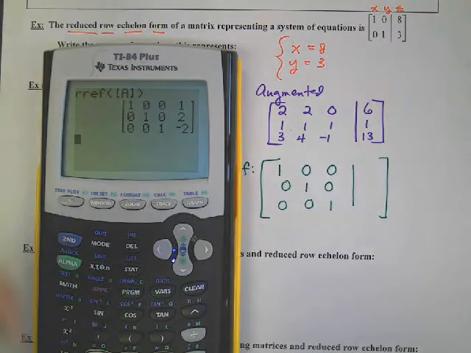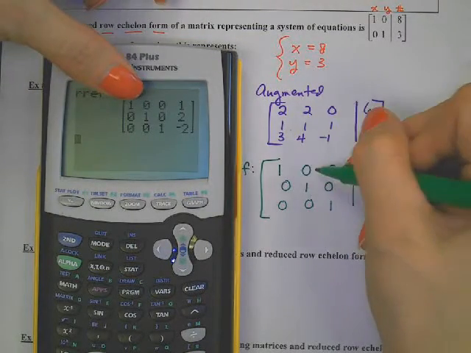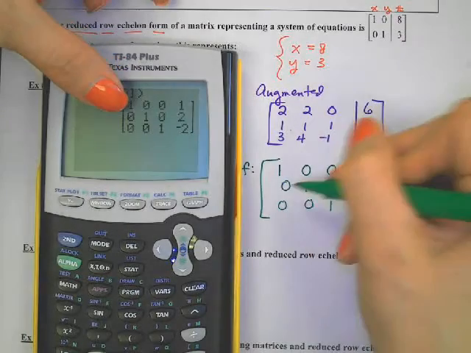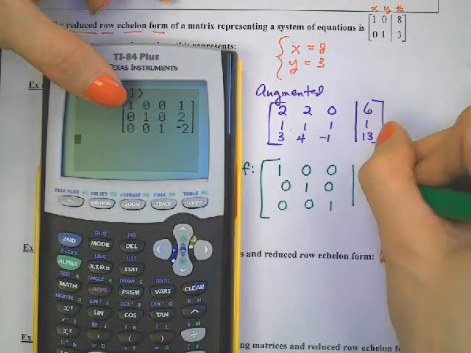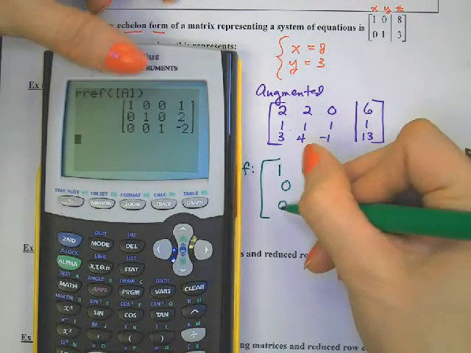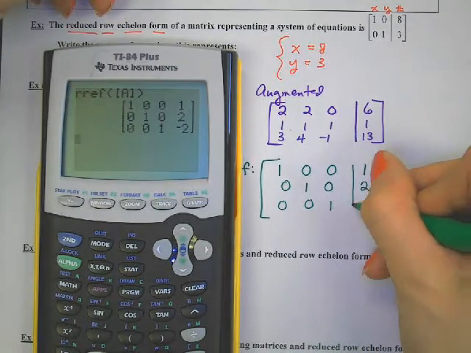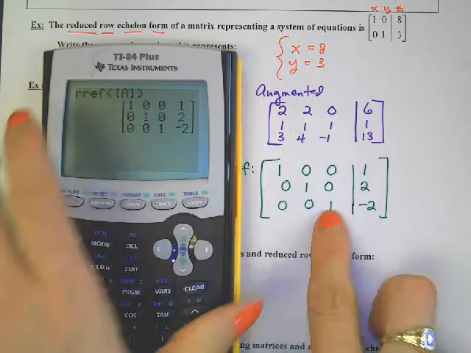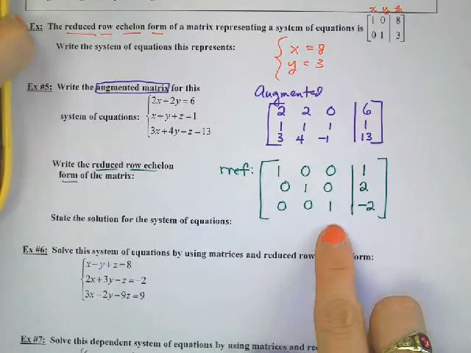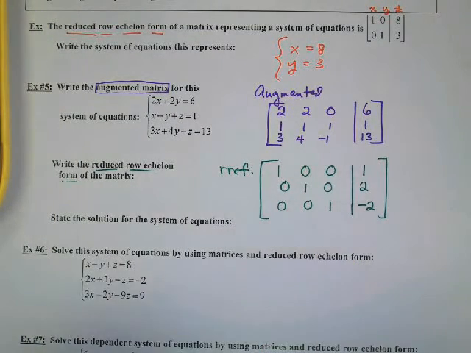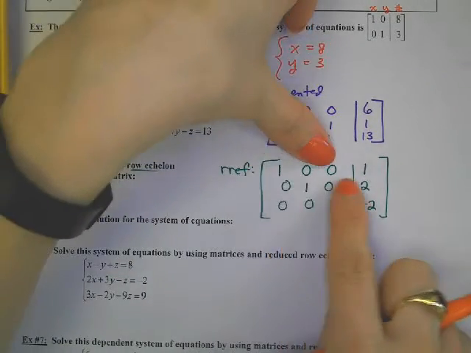Perfect. Exactly what I was hoping for. 1, 0, 0, 1. The second row has 0, 1, 0, 2. 0, 0, 1, and a negative 2. This matrix right here is in reduced row echelon form. And what that means is we have the values of the variables. See this first equation here?